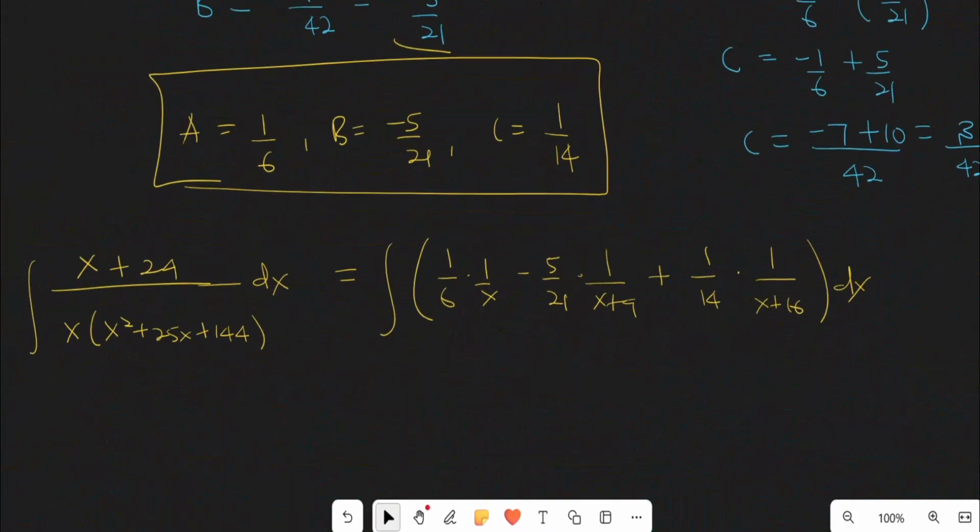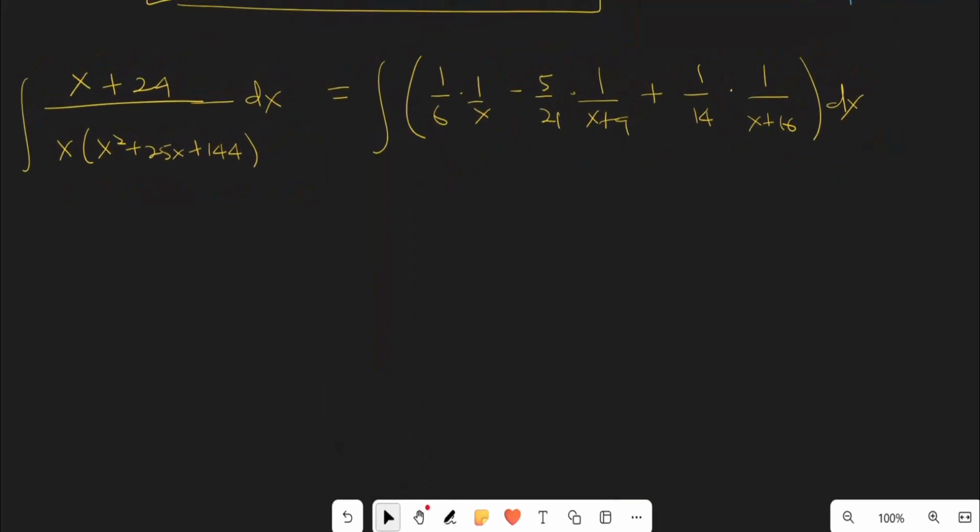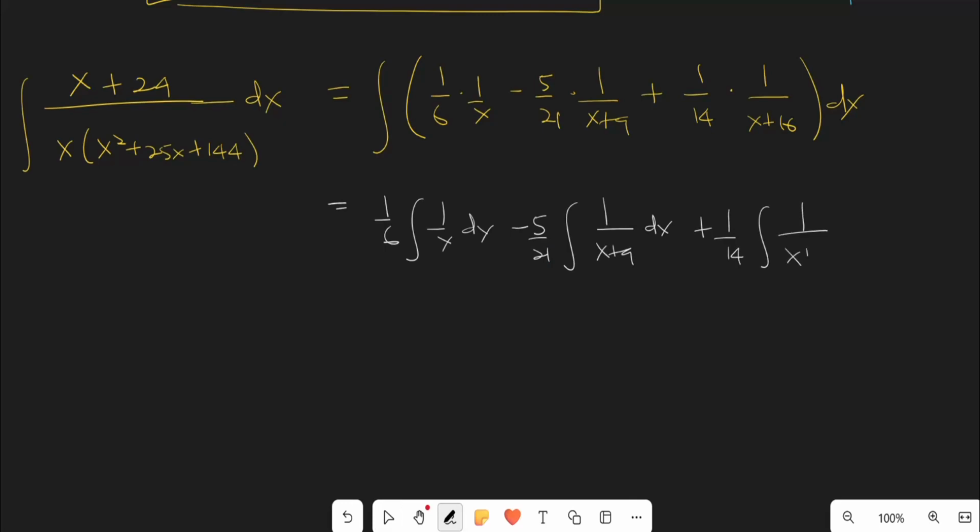Okay, so now let's switch back to the white pen and then wrap up the integral. Now that we have done this, the rest is going to be easy. 1 over 6 is a constant. We bring that out, 1 over x dx, minus 5 over 21 is a constant, bring that out, the integral of 1 over x plus 9 dx, plus 1 over 14, the integral of 1 over x plus 16 dx.